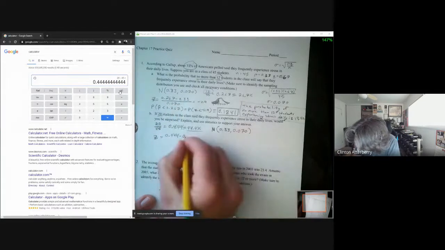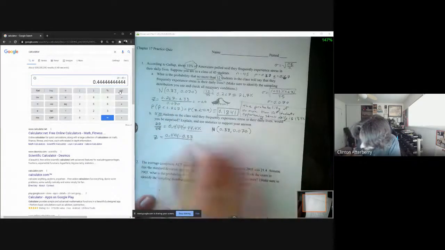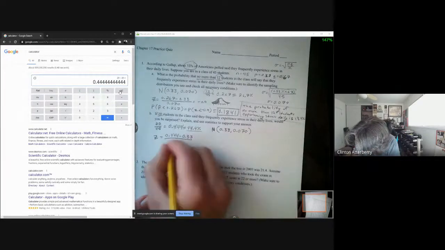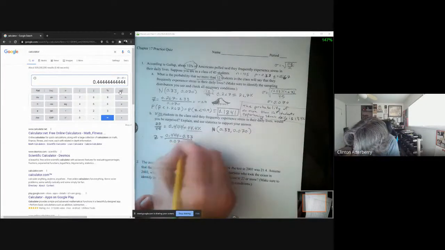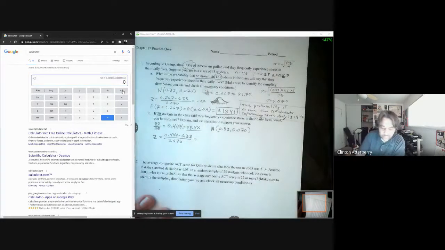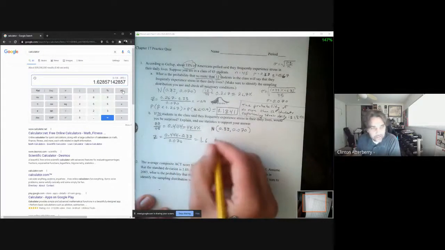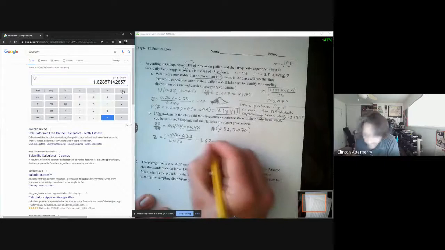That stays the same. Then divide by the standard deviation of 0.070. If we calculate that, 0.444 minus 0.33 divided by 0.070, this says 1.6285. Let's just call it 1.63.